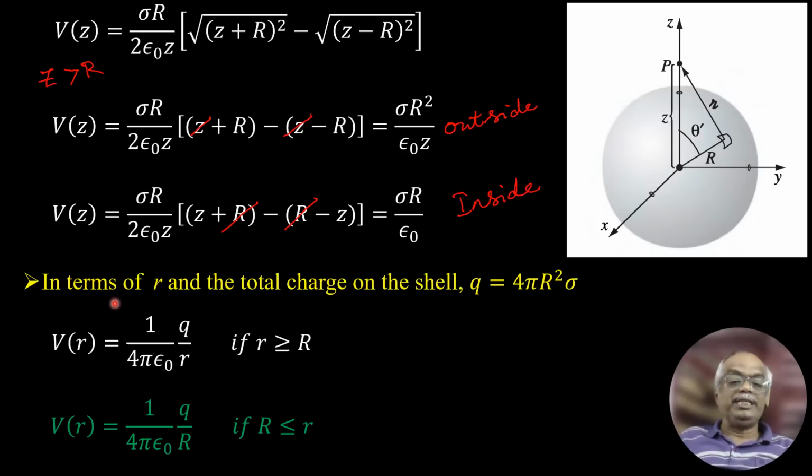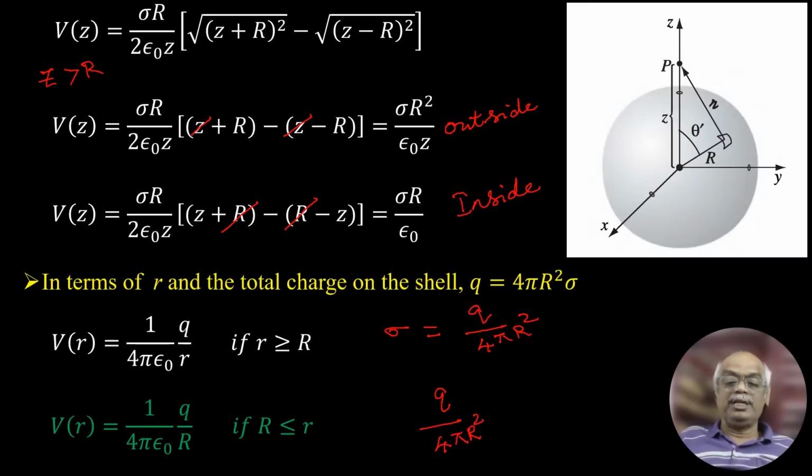So in terms of R, the total charge of the shell is Q equal to 4 pi R squared sigma. Then sigma is equal to Q divided by 4 pi R squared, capital R squared, remember that. So in the first case, we substitute sigma by Q divided by 4 pi R squared.